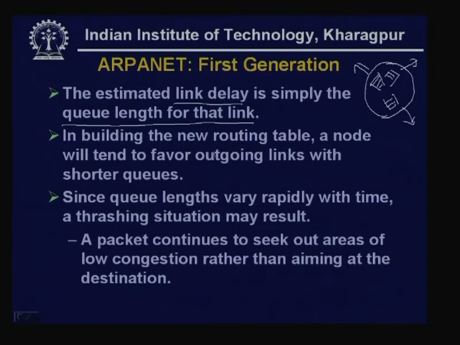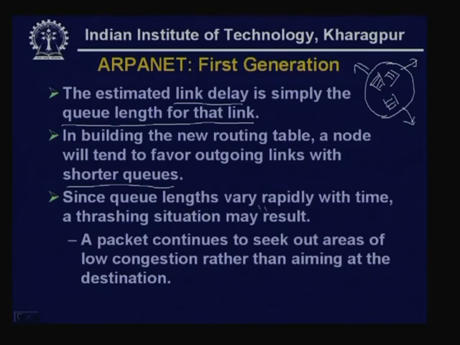So, in building the new routing table, a node will tend to favor outgoing links with shorter queues, since on the link with the shorter queue, obviously, whenever the new routing table is made, that link is favored.